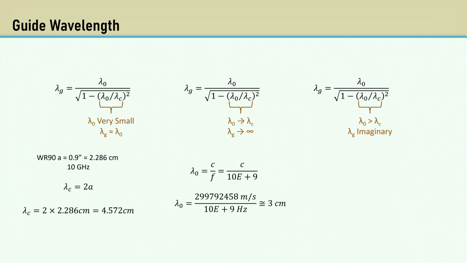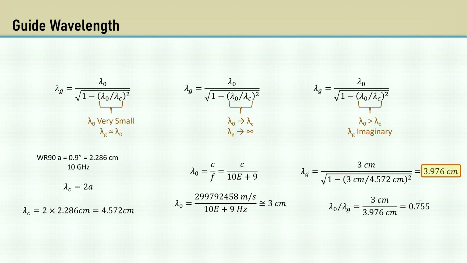The free space wavelength is simply C over F, which comes out to about 3 centimeters. Plugging those values into our formula for waveguide wavelength gives us 3.976 centimeters. The useful ratio for the power handling equation is the free space wavelength over the waveguide wavelength, in this case 0.755. Now we can move on to power handling.